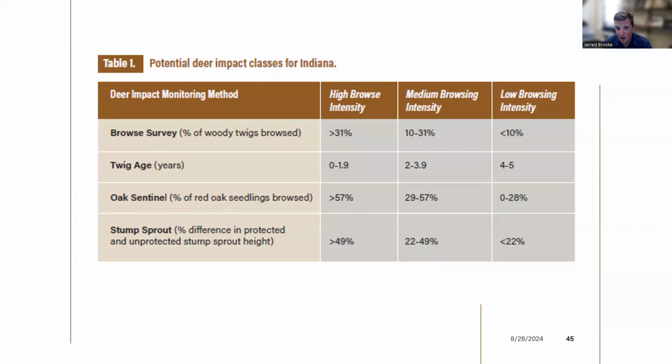Now, I will tell you that these values are probably most applicable to Indiana because that's where the research was done. And the farther you get away from landscape differences in Indiana, the less likely these actual values are accurate. But the important thing to think here is that if you have a lower twig age, you have a higher browse intensity. If you have a higher twig age, you have a lower browse intensity.